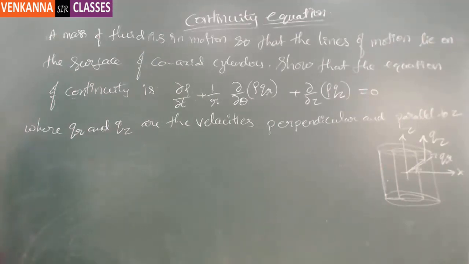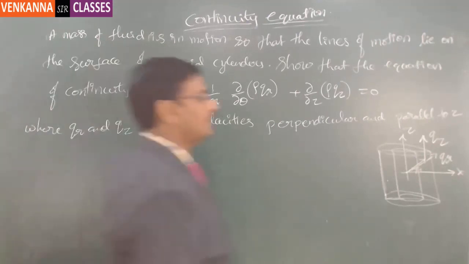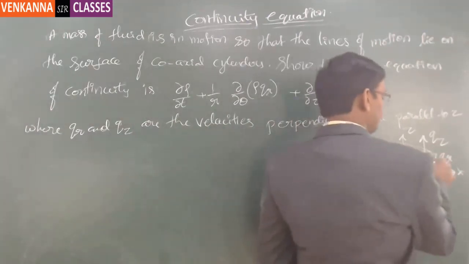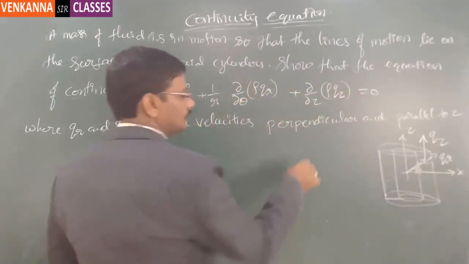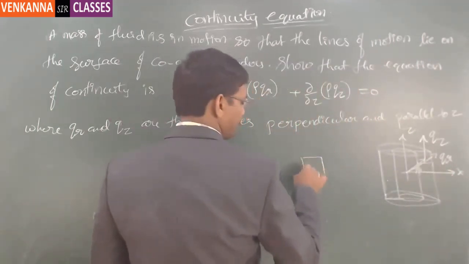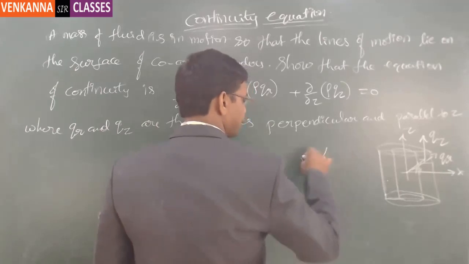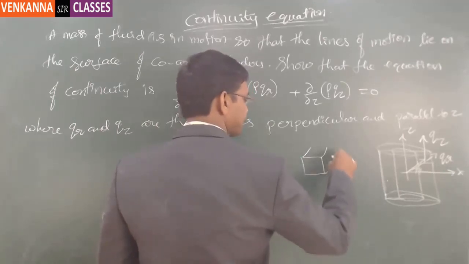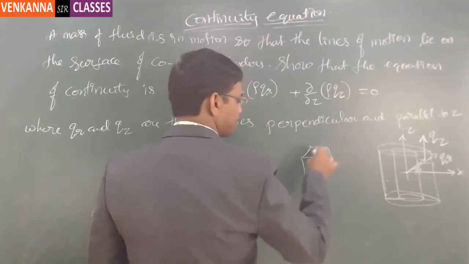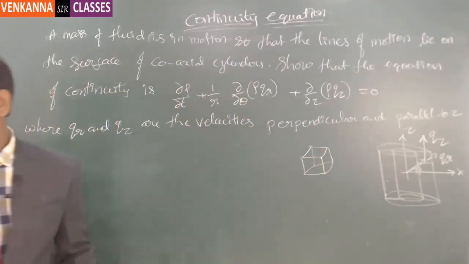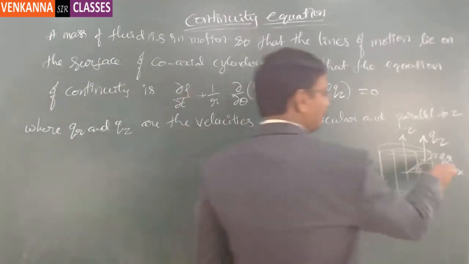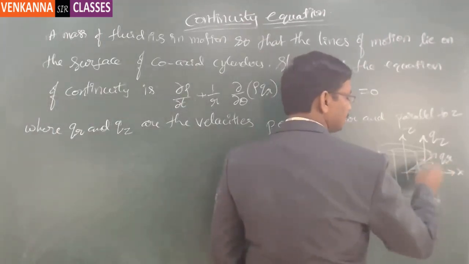Now based on this understanding, you have to identify an elemental volume here. So this elemental volume will be like this. This is the shape of the elemental volume. Suppose I cut one piece here and took it out.